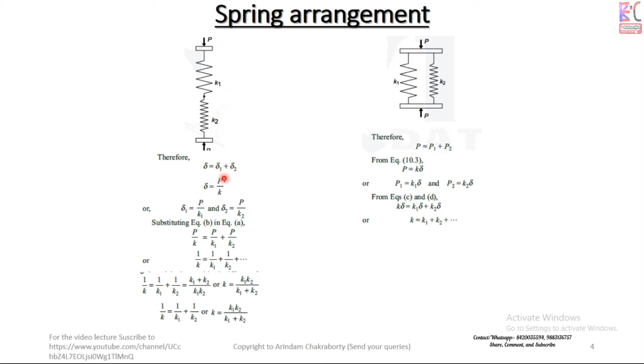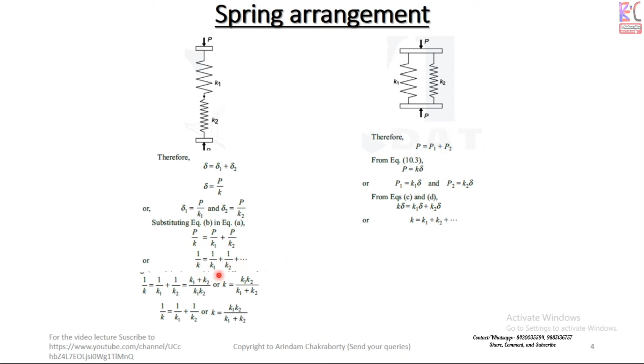What else you want to write? So as we know, P is equal to k into del, or P is equal to k into x. So we'll be substituting del 1 equals P1 by k1, del 2 equals P2 by k2, and we know del is equal to P by k. So after putting this, I know that the forces over here are the same, so I could eliminate it, and I could write 1 by k equals 1 by k1 plus 1 by k2.